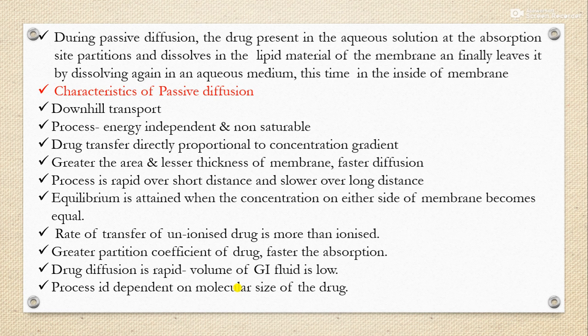Again, the unionized form of drug is transferred at a very high rate compared to the ionized. So charge plays a very important role. Greater the partition coefficient of the drug, faster will be the absorption, and the process also depends upon the molecular size of the drug.